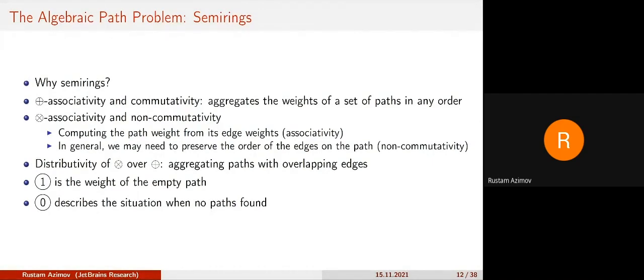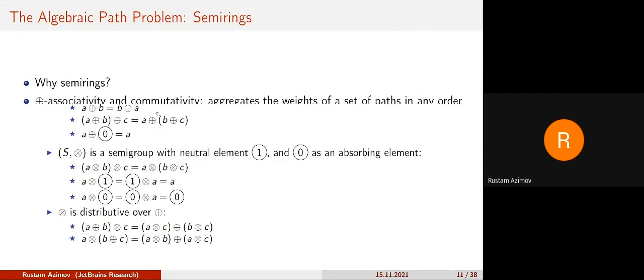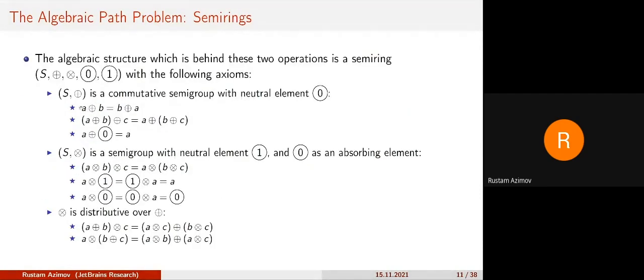In general, it's very natural that no matter in which order we consider the paths in the graph, the aggregation of this information must be the same. So here, if we first consider the set of paths in A, and second, the set of paths in B, and then we aggregate this information, it must be the same if we change the order, and the same for the associativity of the plus operation.